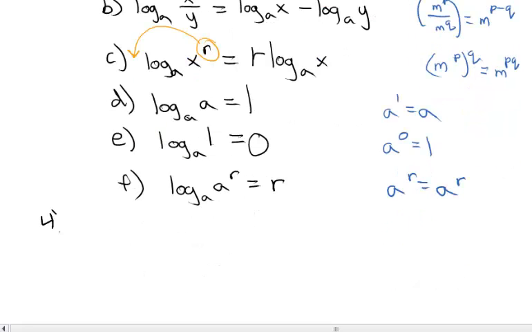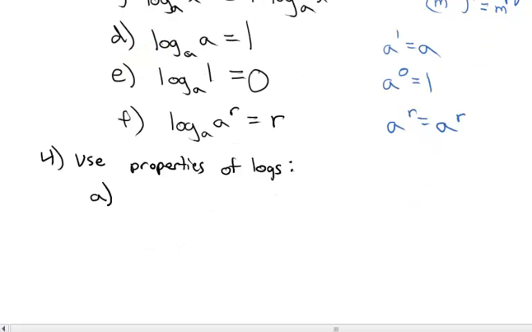So let's try and use the properties of logs. We might see a problem like the log base a of x plus the log base a of 3y.